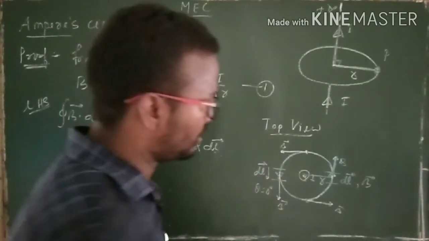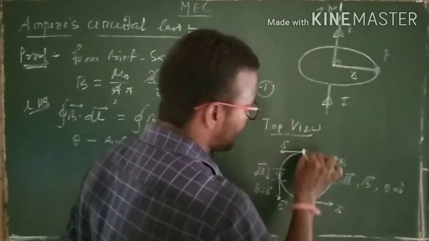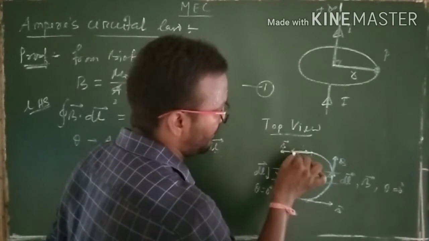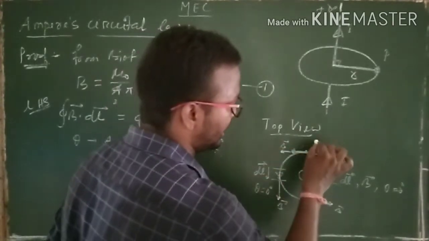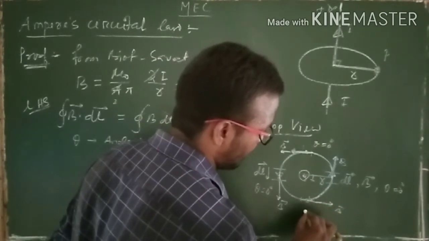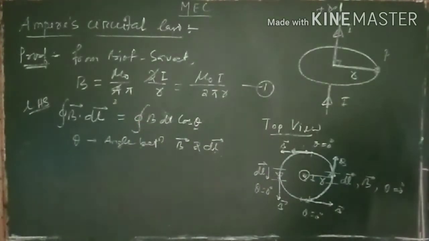Here also theta equals 0 degrees, and if we choose another element, theta again equals 0 degrees. Clear?